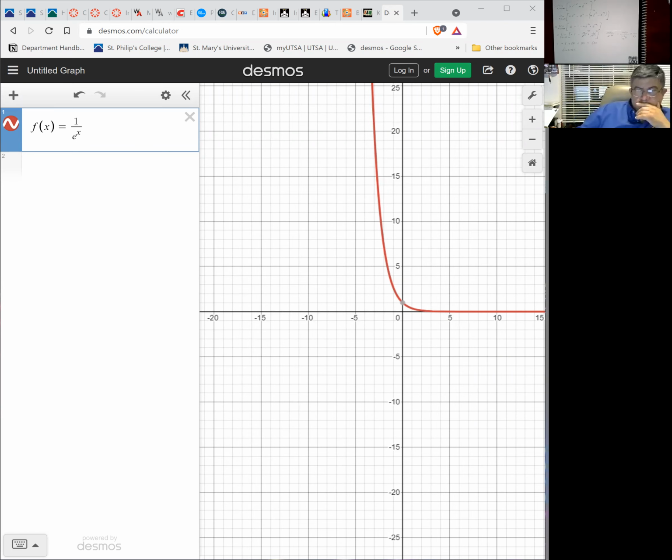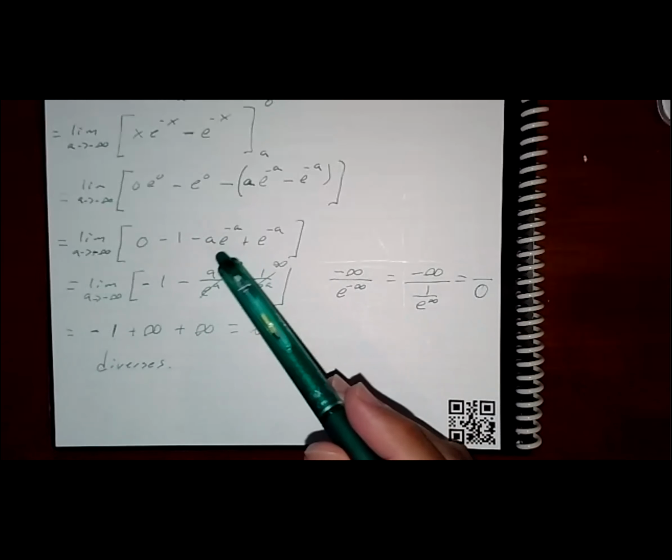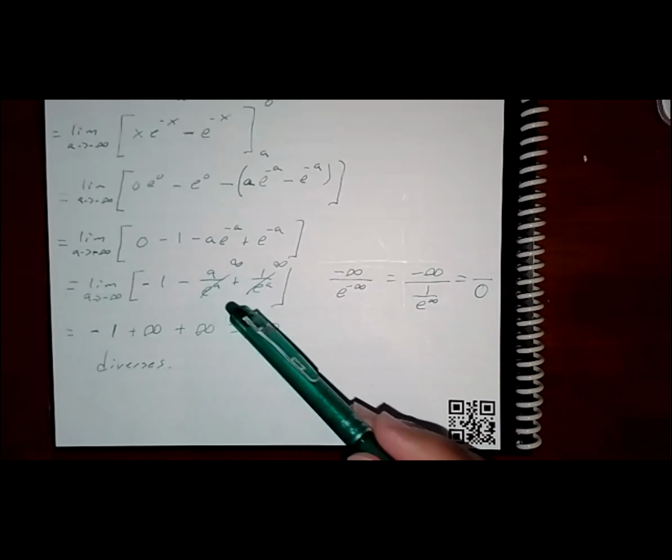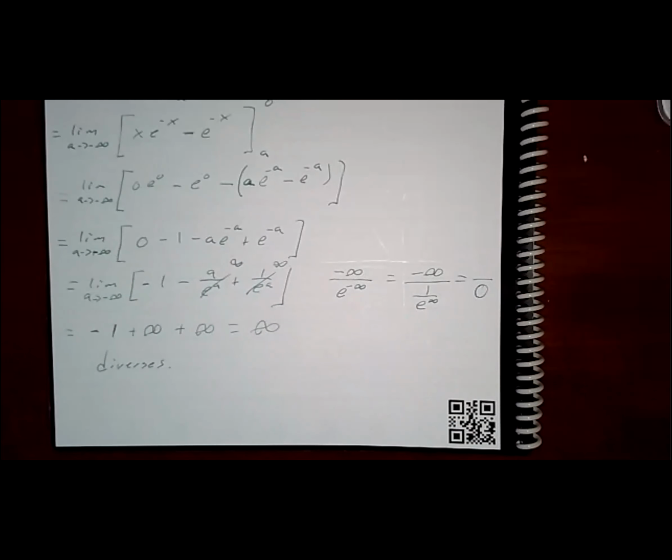And so we have this scenario, some number over e to the x. When x goes to negative infinity, it's going to the left side, so the y value becomes infinite.